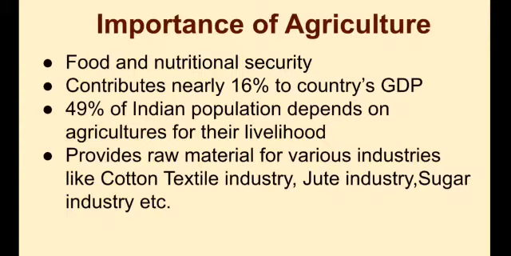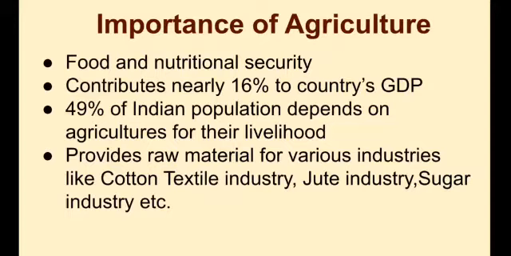It contributes nearly 16% to the country's GDP, and 49% of the Indian population depends on agriculture for their livelihood. It also provides raw material for various industries like the cotton textile industry, jute industry, sugar industry, and many more industries that are directly connected with agriculture. So these are all the importance of agriculture.